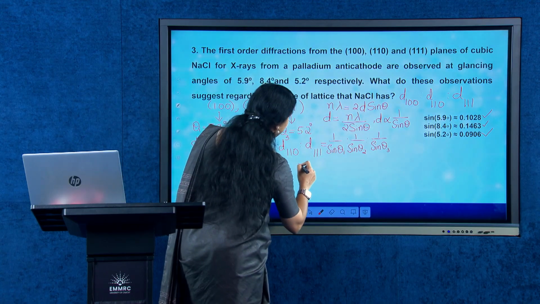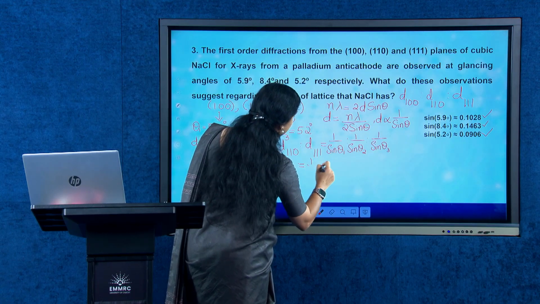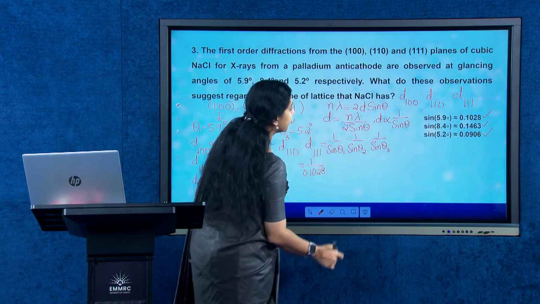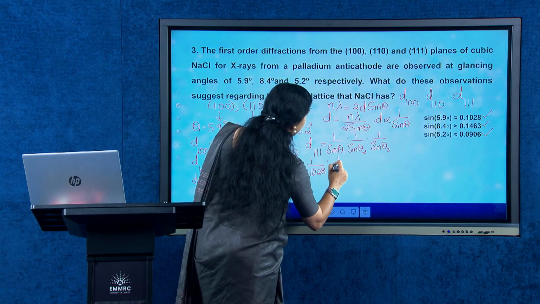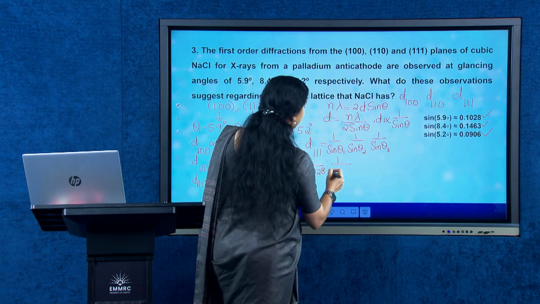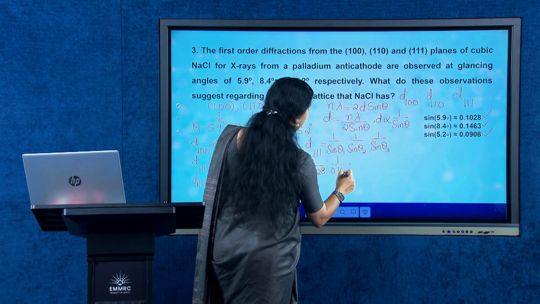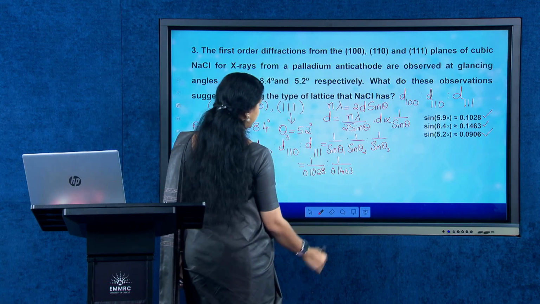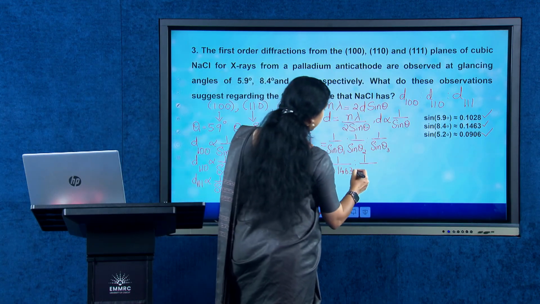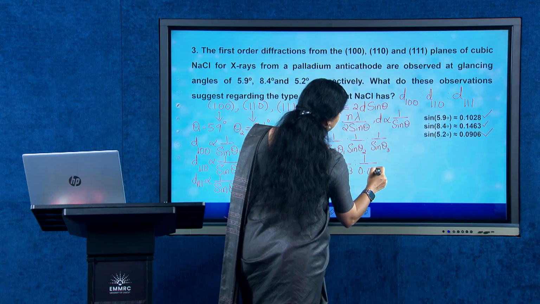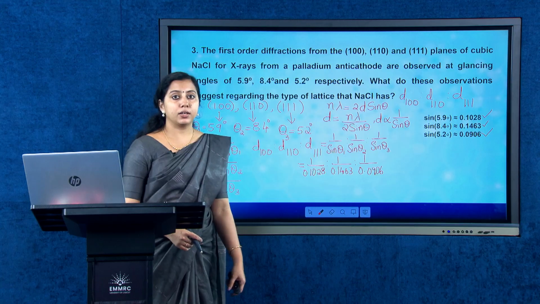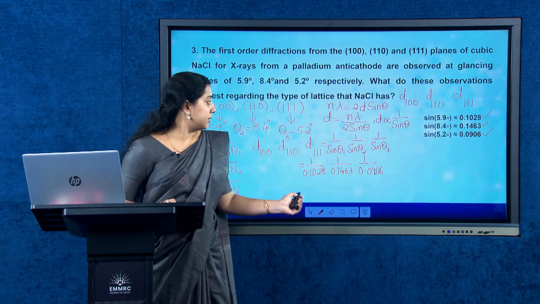This will be equal to 1 by 0.1028 is to 1 by 0.1463 is to 1 by 0.0906. Find out the ratio and simplify it.